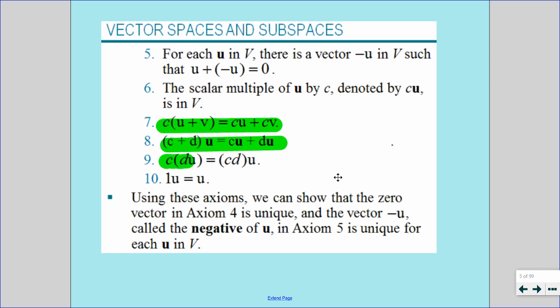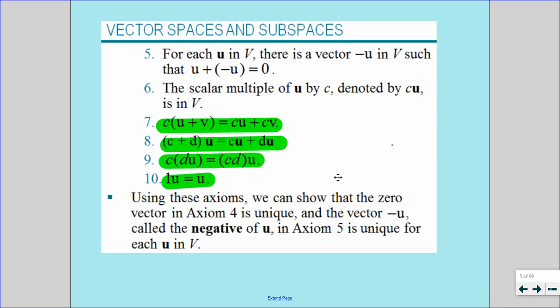This is the associative property of vector multiplication by two scalar quantities on one vector. That's also true for all vectors. And then lastly, for it to be a vector space, 1 times u would have to equal u, which is also true for all vectors.